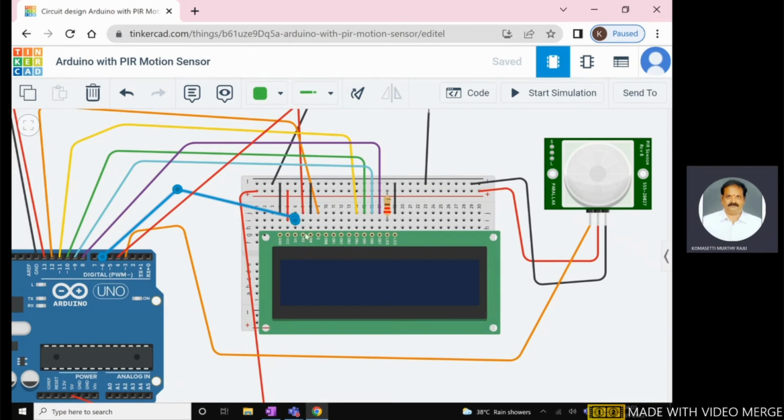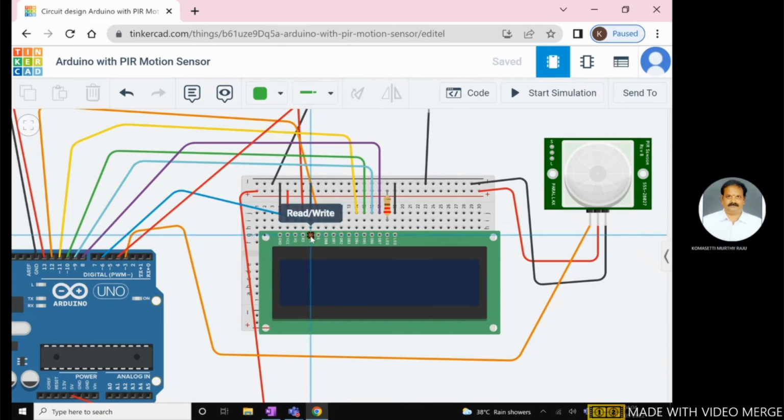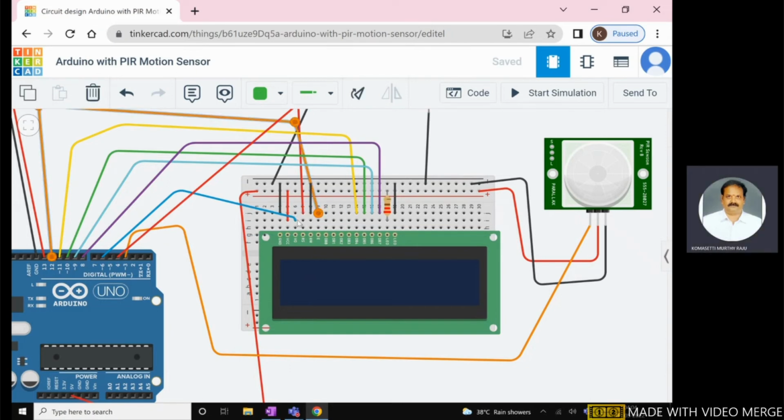Next, register select. The register select pin is connected to the 13th pin. Next one is the read write pin. The read write pin is connected to ground. The enable pin is connected to 12. After that, DB0, DB1, DB2, DB3 are not used. DB4 is connected to 11.